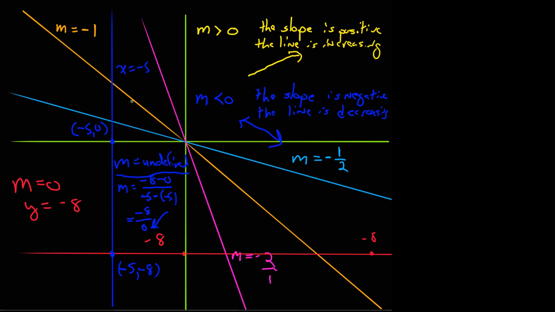These are the main types of slopes that we get. Hey, I'm a positive slope, so I'm increasing. Hey, I'm a negative slope, so I'm decreasing. Hey, my slope is 0, I'm a flat line.